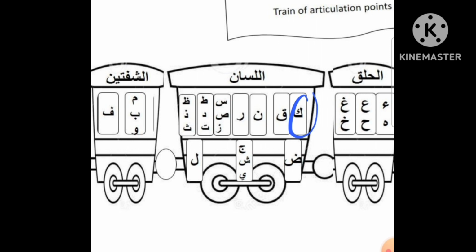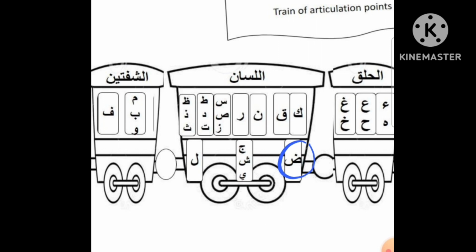Then you have Lam below that. Then you have Jeem, Sheen, Ya. Then you have one more letter over here. I will teach you this letter at the very end. This is the most difficult letter of all.